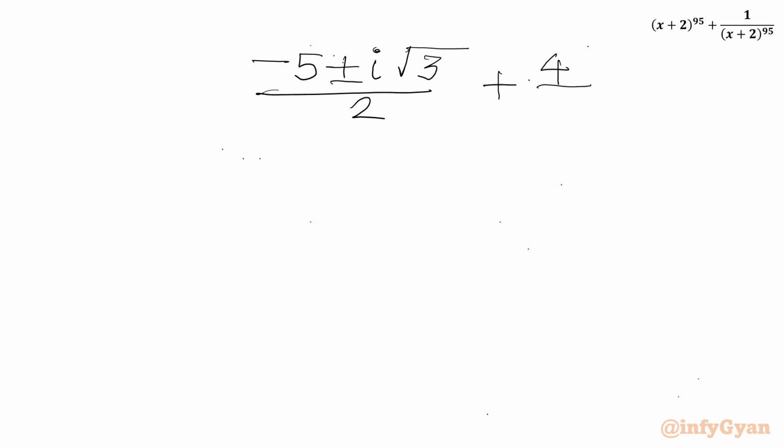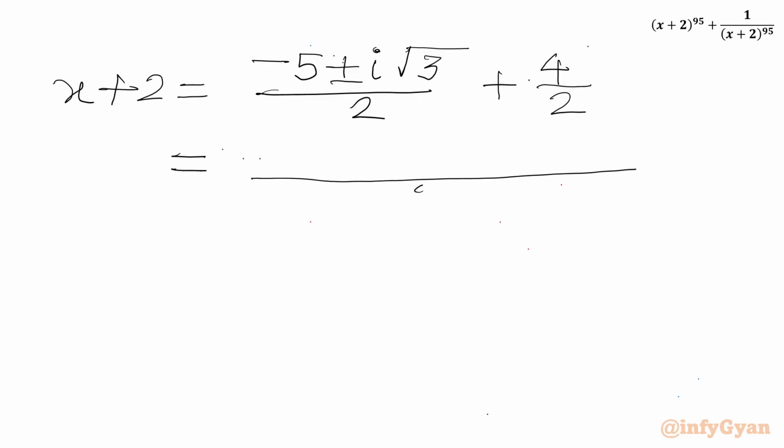So we get common denominator 2: minus 5 plus minus i square root 3 plus 4.